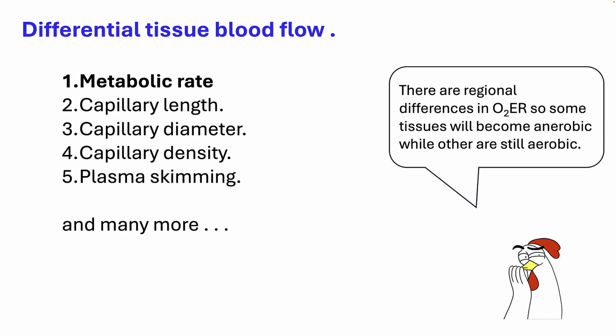So there are regional differences in oxygen extraction ratio between different organs and different tissues, and even in the same tissues in different capillary beds. So some of these areas will become anaerobic much earlier. And this is why you see patchy areas of ischemia or infarcts in patients in which oxygen supply is compromised. As the oxygen delivery decreases, you will see more and more confluent areas resulting in total tissue necrosis.